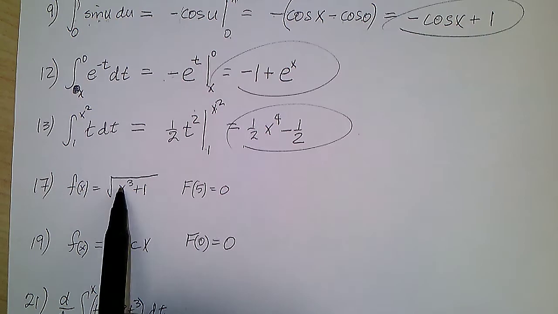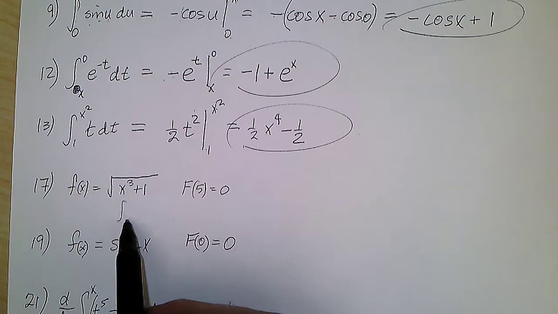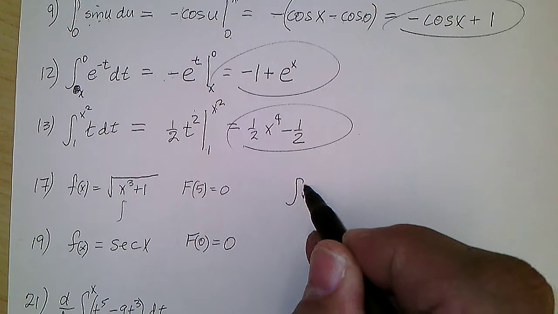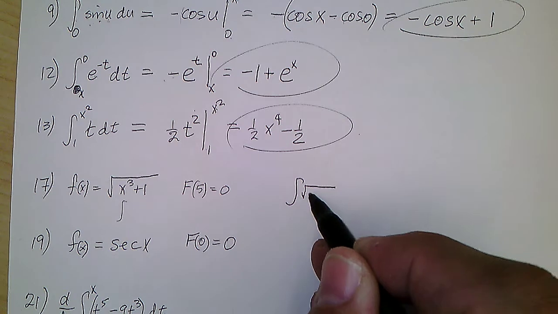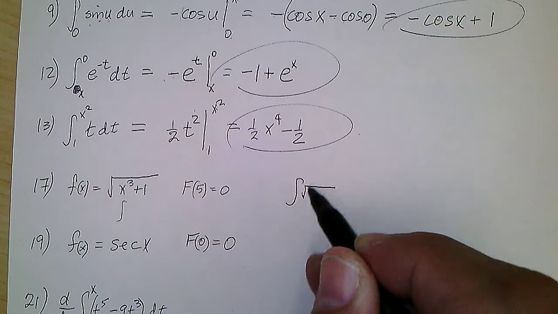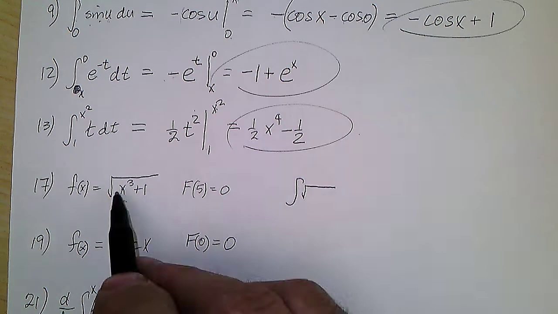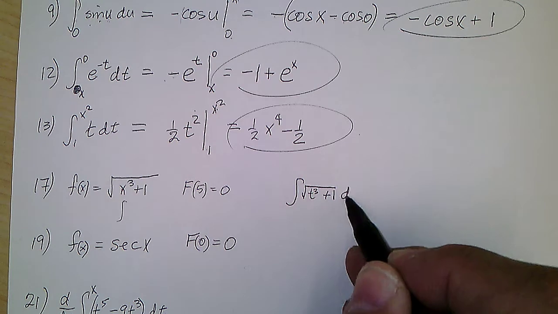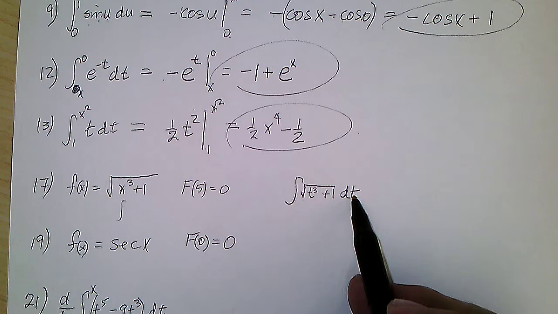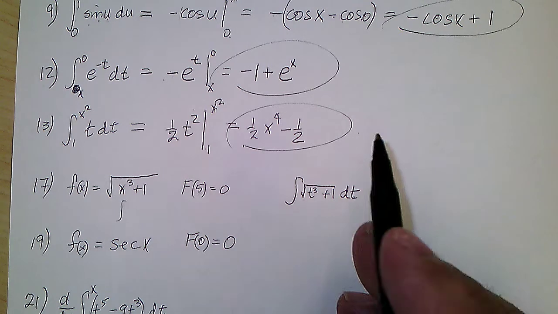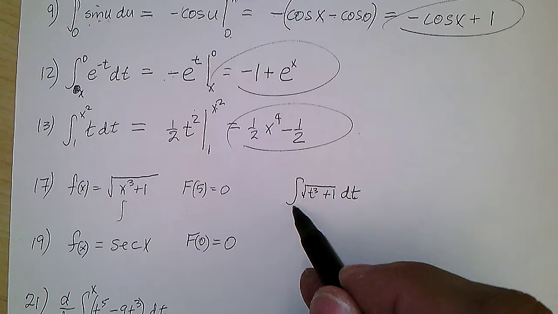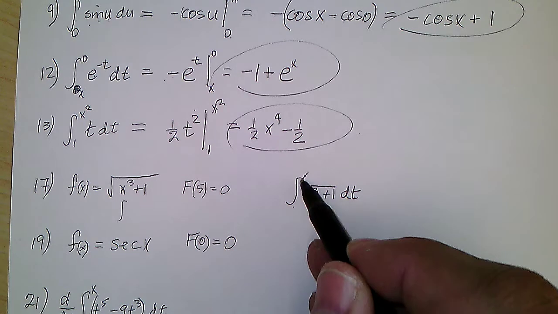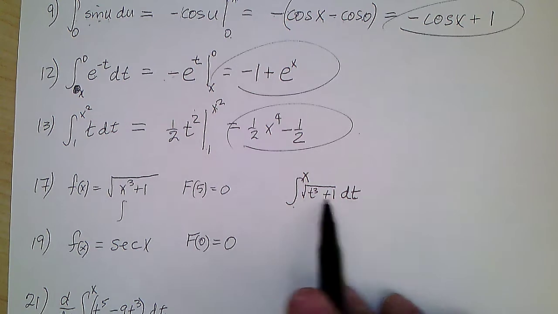Now, if this is f, the integral of this would be the integral of this, and so if I change the x to t cubed plus 1 dt, if I integrate that with respect to t, then t would have to go from something that makes 0 to some x, and that would make it be a function of x.